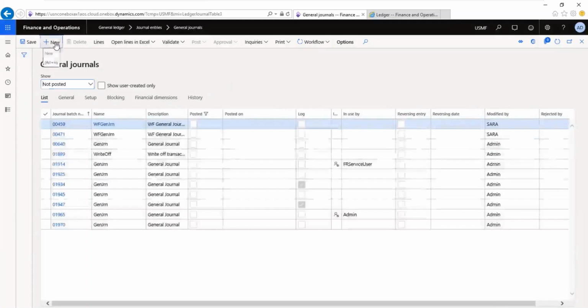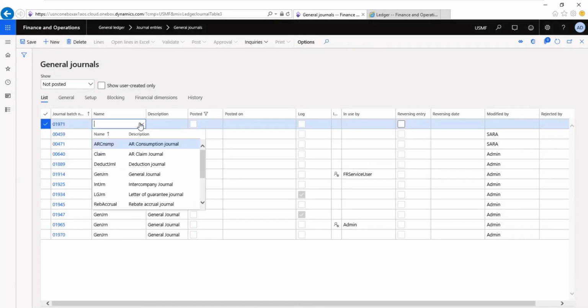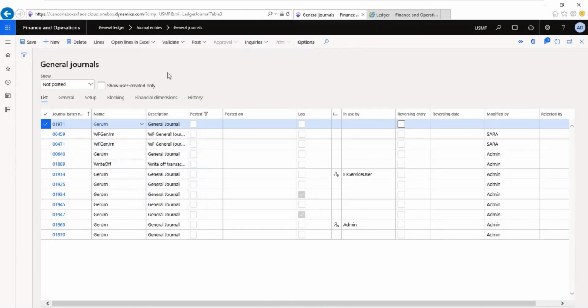So click on new, select the journal name, click on lines button.